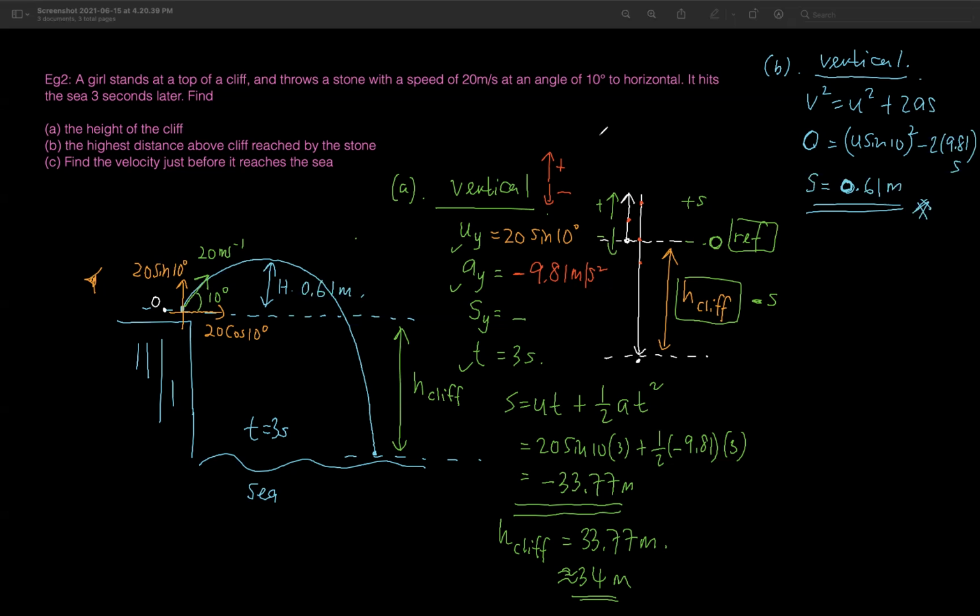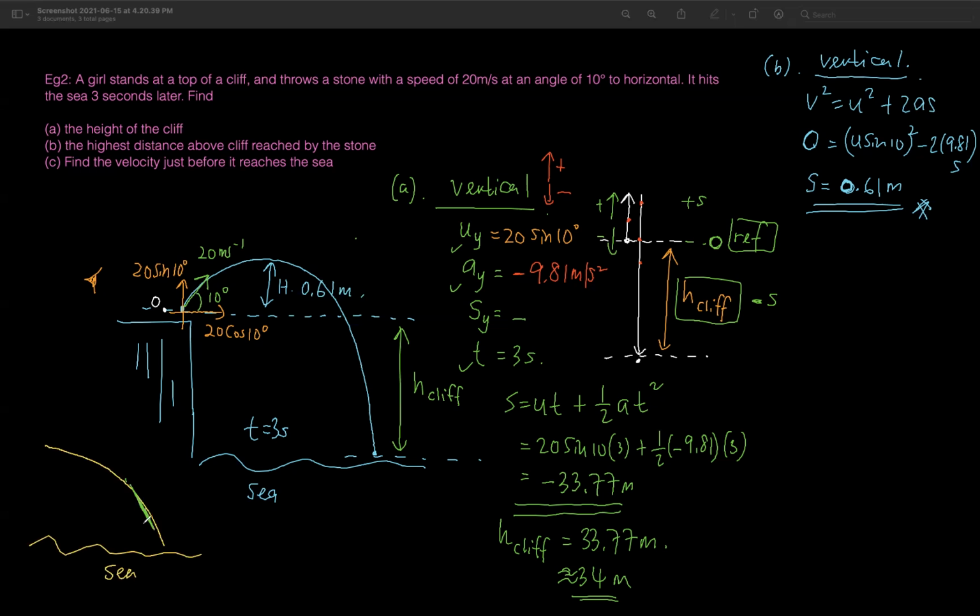Last one, C. Find the velocity just before it reaches the sea. Okay, just before it reaches. Now, when it is almost here, right? What is the velocity? Okay, let me zoom in a bit. You see, this is the sea. It's curving like this, right? 它是 curve 这样。所以你的 velocity component 是 along the line like this.